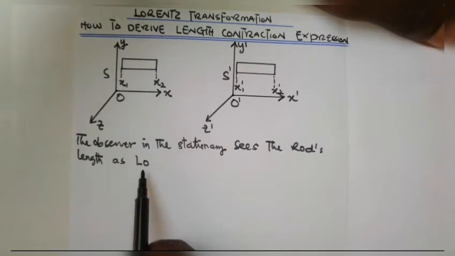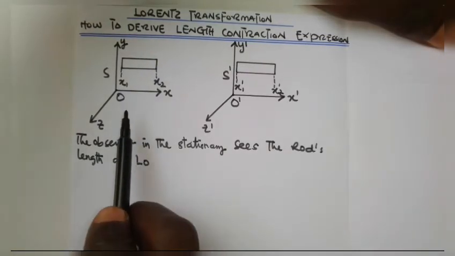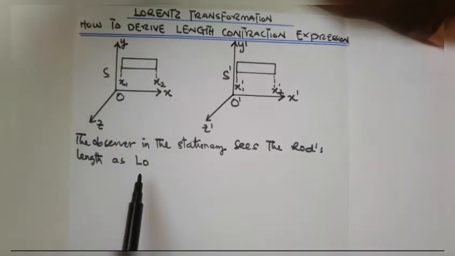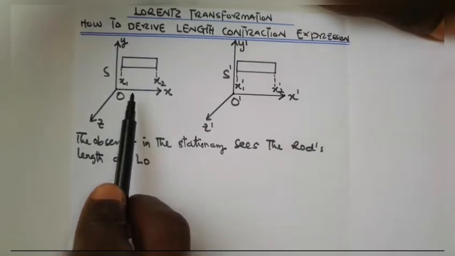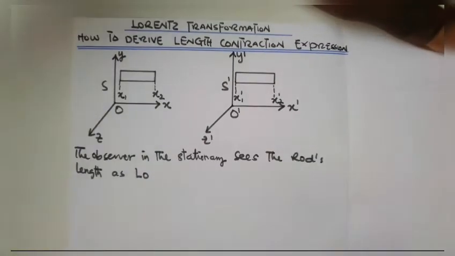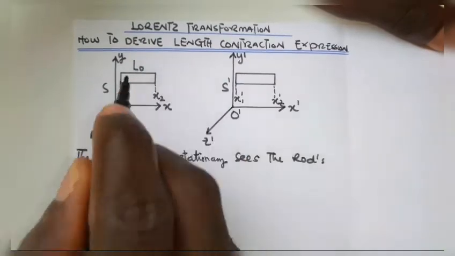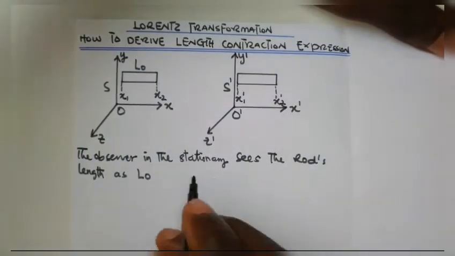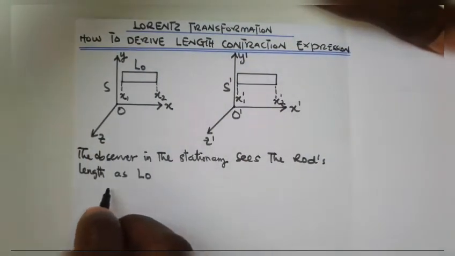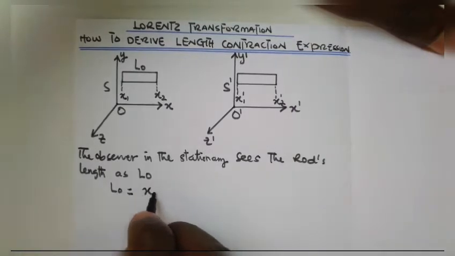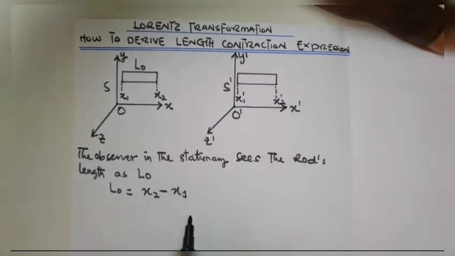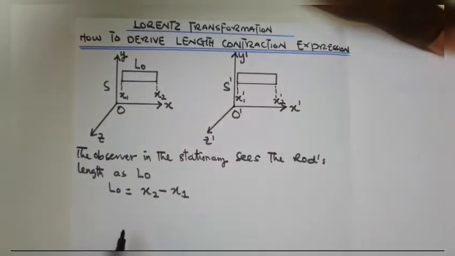So we'll call the length of this rod in the stationary frame L0. That is how the observer in this frame is going to see this rod. So this is going to be L0, and L0 is equal to x2 minus x1. If you subtract x1 from x2, you find the length of that rod totally.